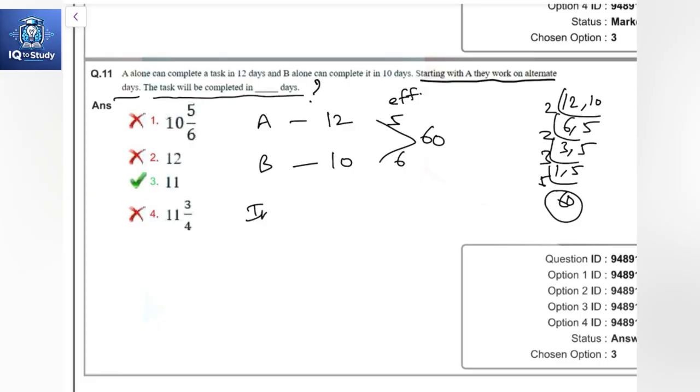So in 2 days, the work done is equal to 5 plus 6 by 60 which is equal to 11 by 60.